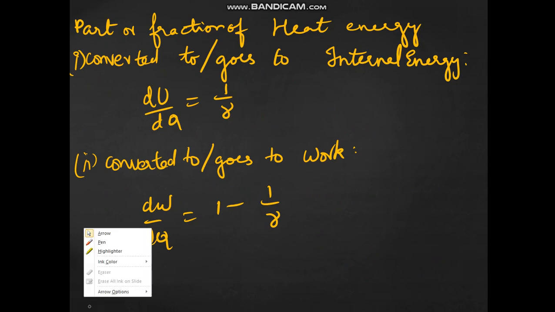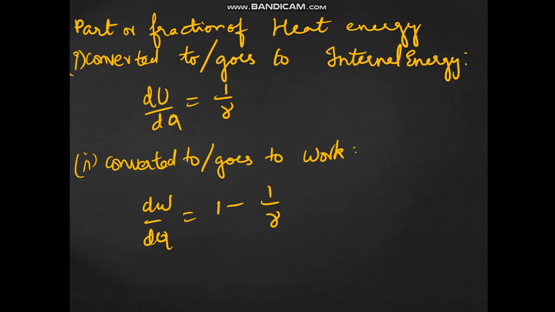Okay, and this is the most important concept, and this is a previous year question also. The NEET 2018 question is based on this concept. What fraction of heat energy goes to internal energy?